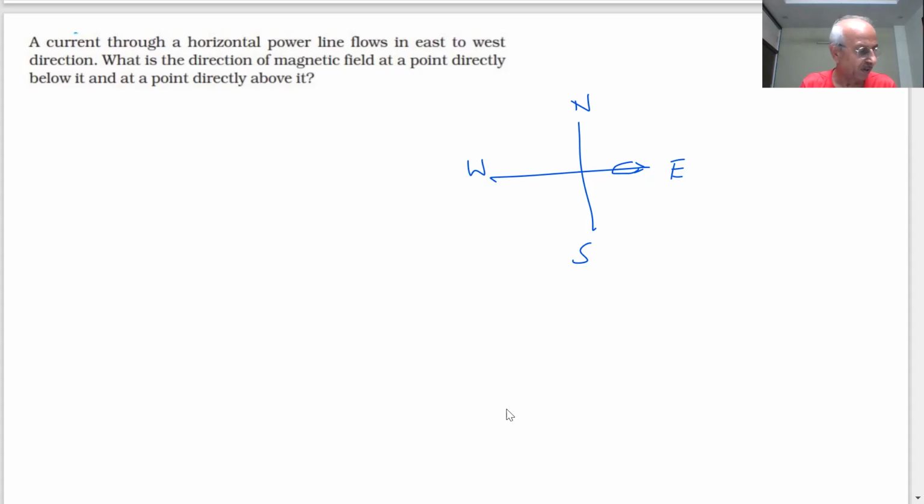I am using the compass needle all the time; it is very helpful. Anytime you want to find this answer, you apply the rule. I have only told you one rule up to now.